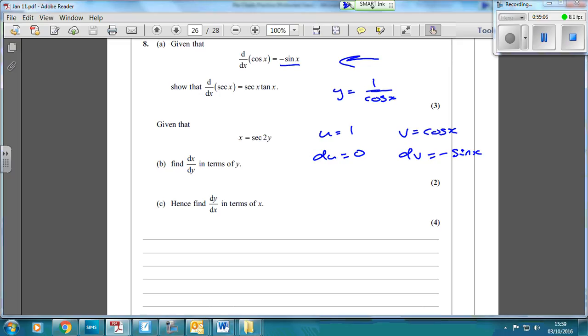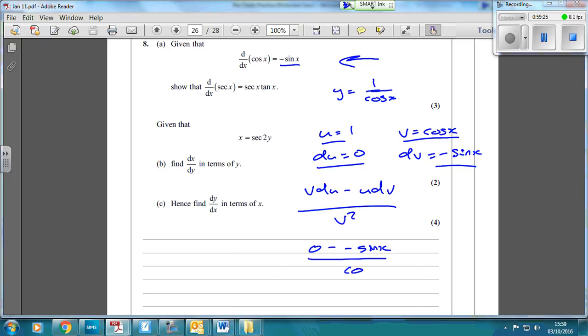So then the quotient rule is v du minus u dv all over v squared. So v du is going to be cos x times 0, which is 0, minus u dv, so minus this times this, so that's minus sine x, all over cos squared x.